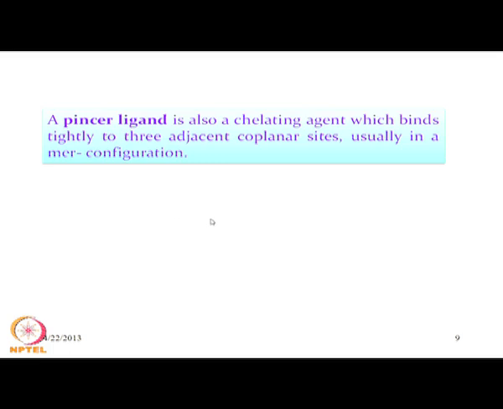Another type of ligand is also well known, another class of chelating ligand, which is the Pincer ligand, which binds tightly to three adjacent coplanar sites.